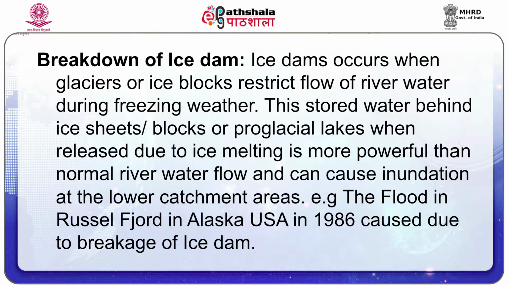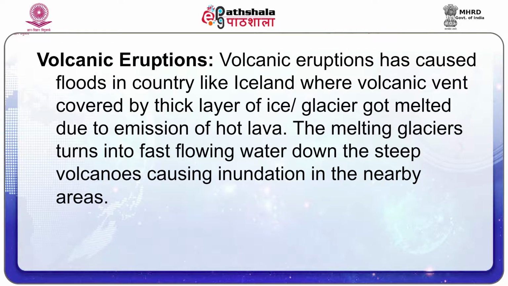For example, the flood in Russell Fjord in Alaska, USA in 1986 was caused by the breakage of an ice dam. Volcanic eruptions are another cause of flood. Volcanic eruptions have caused floods in countries like Iceland, where a volcanic vent covered by a thick layer of ice or glacier got melted due to emission of hot lava.